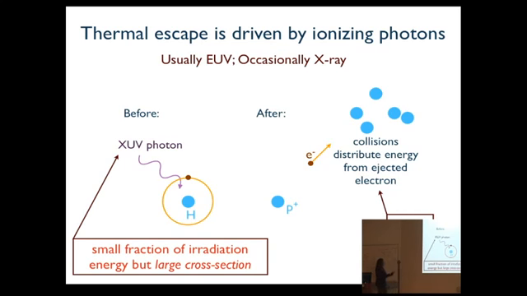It's photoionization heating. And the reason this is important is not that there's a lot of energy in the XUV coming from most stars compared to in the optical, for example. I mean, in the sun, 10 to the minus 6 of its luminosity is coming out in the EUV compared to the bolometric flux. The reason this is important is that there's a large cross-section for this process.